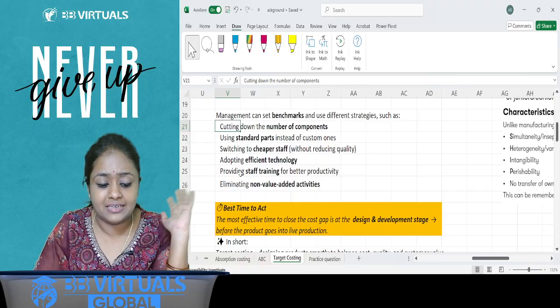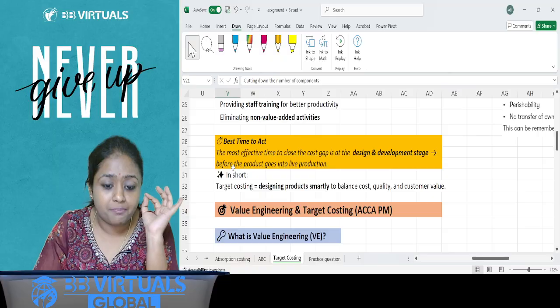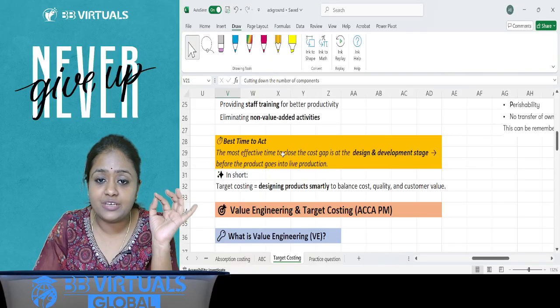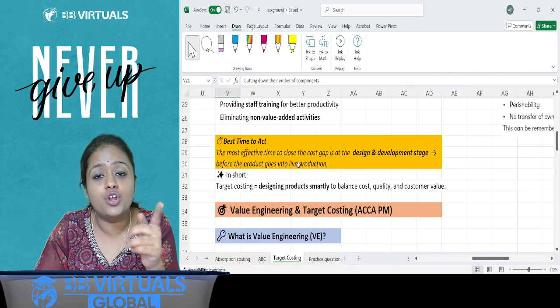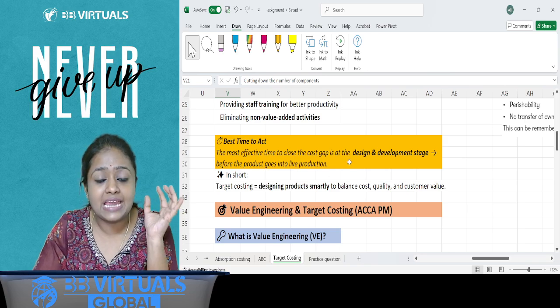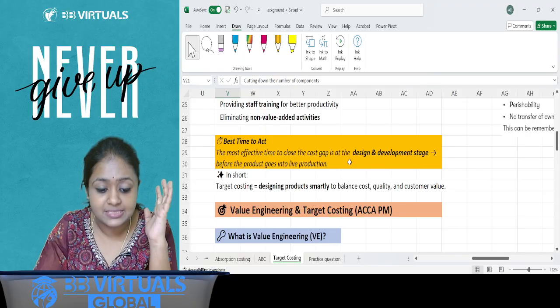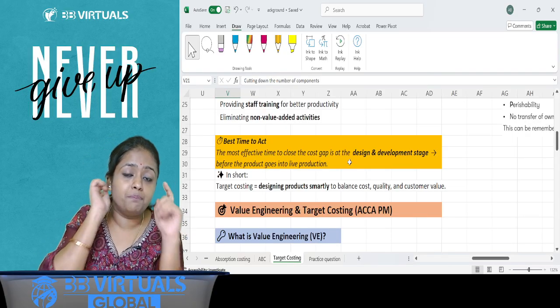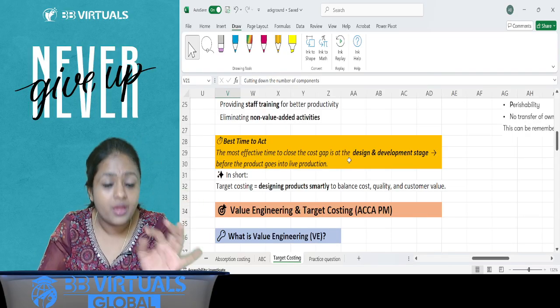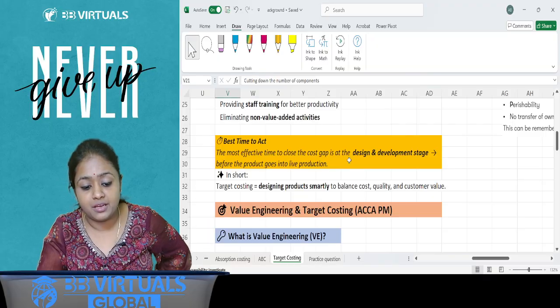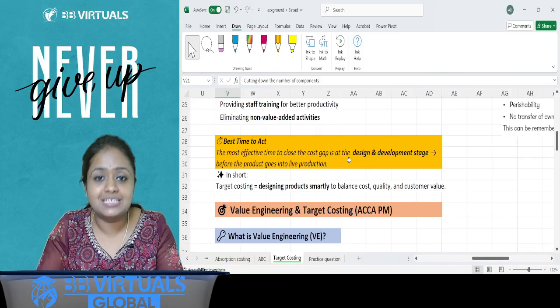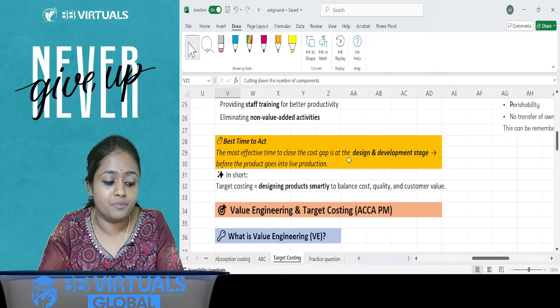Just remember, the most effective time to close the gap, as I've told you already, is the design, planning and development phase. Please remember that before the product goes live, all the changes should be made, because after that it will be very, very difficult to make those changes.